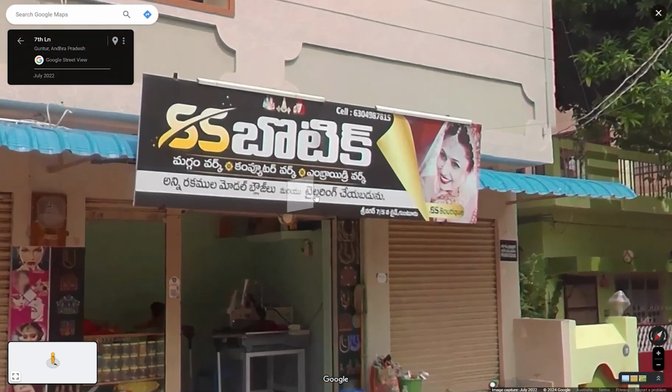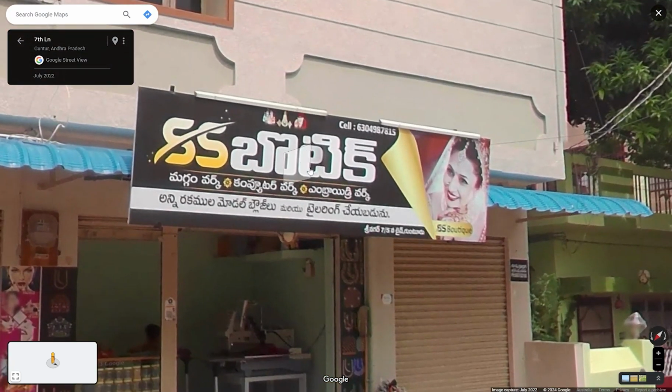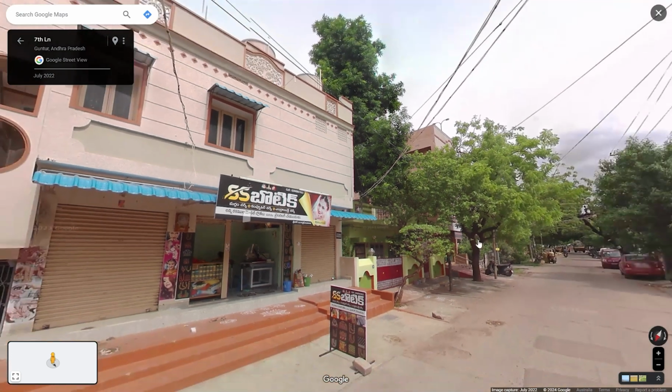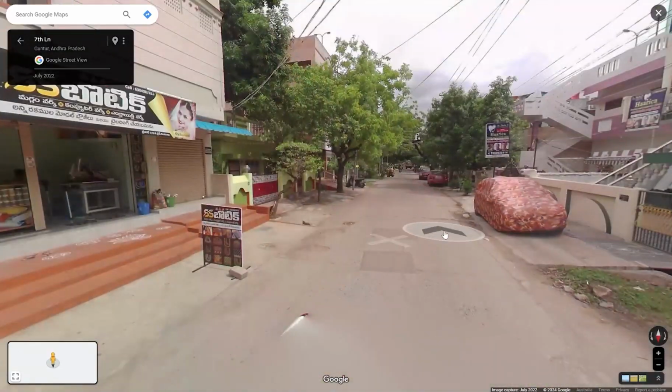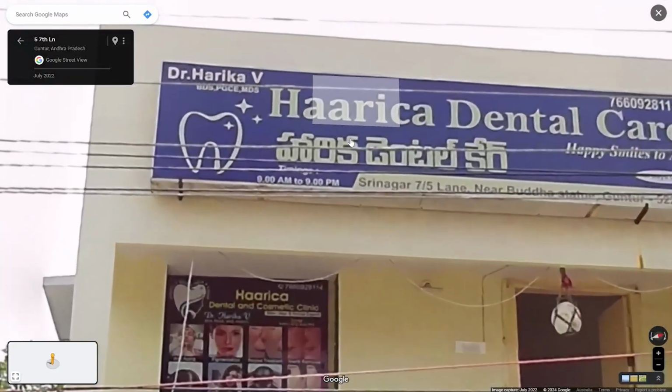And if I go to some coverage in Andhra Pradesh, you'll see a lot of different fonts used to write Telugu, but they should all have those distinct tick marks. If I go here, I have a good example here.